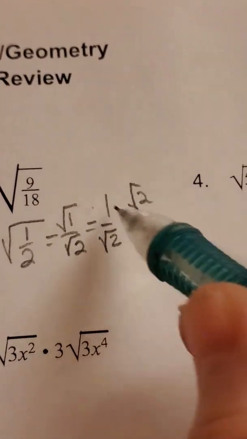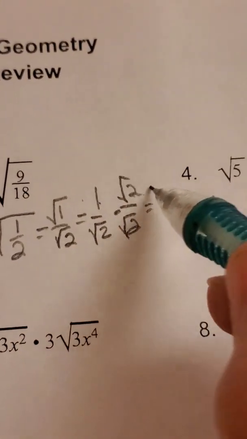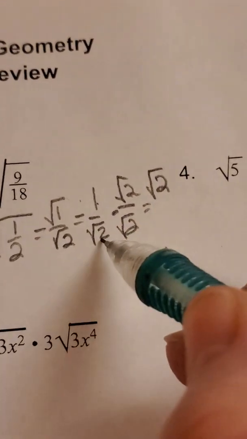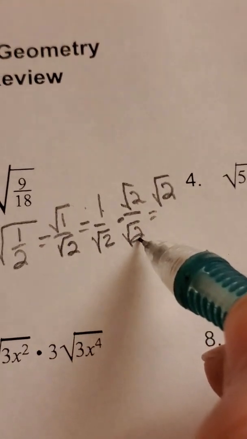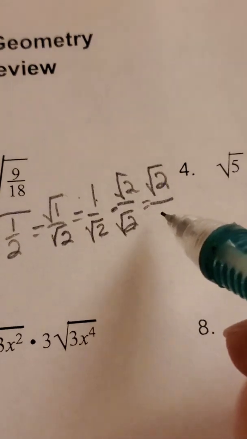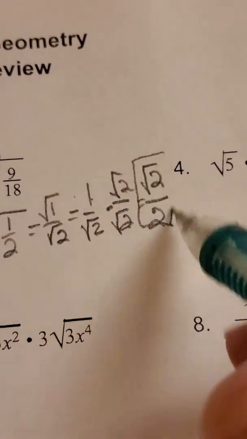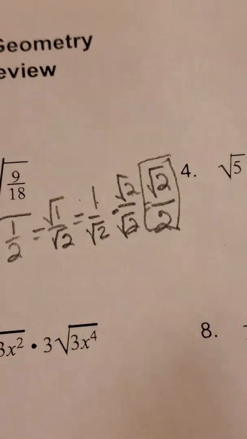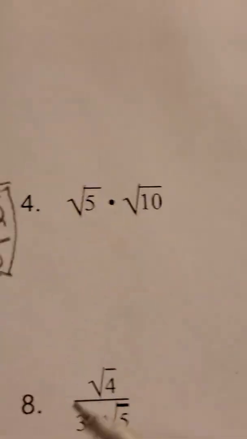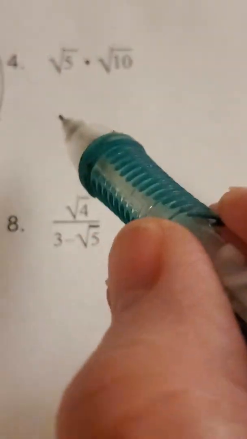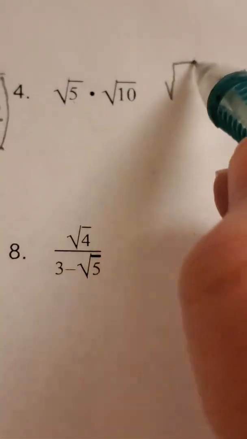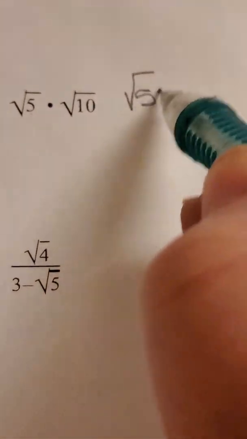So that becomes 1 times square root of 2 is square root of 2. Square root of 2 times the square root of 2 becomes the square root of 4, and we all know that the square root of 4 is 2. So there's your answer.